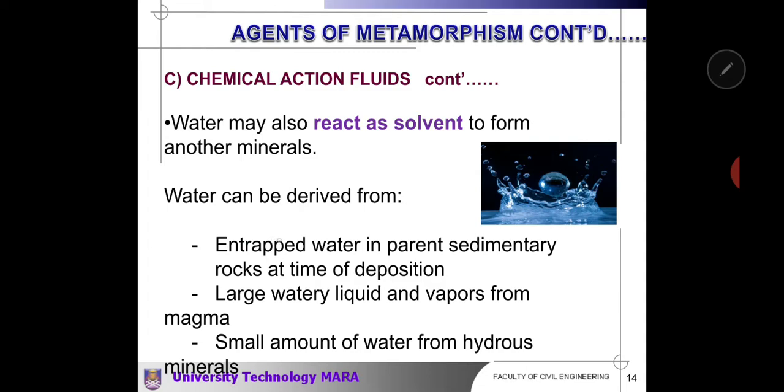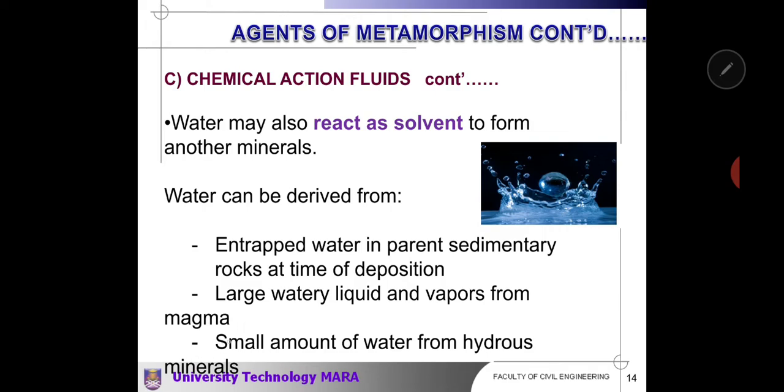Okay, where can this fluid be derived from? It is from entrapped water in the parent sedimentary rock at the time of deposition. You know the formation of sedimentary rock, right? Sedimentary rock must be transported by a transportation agent like a river, some sort of transportation happens. And a river is water, so during the transportation, that process might entrap some water.